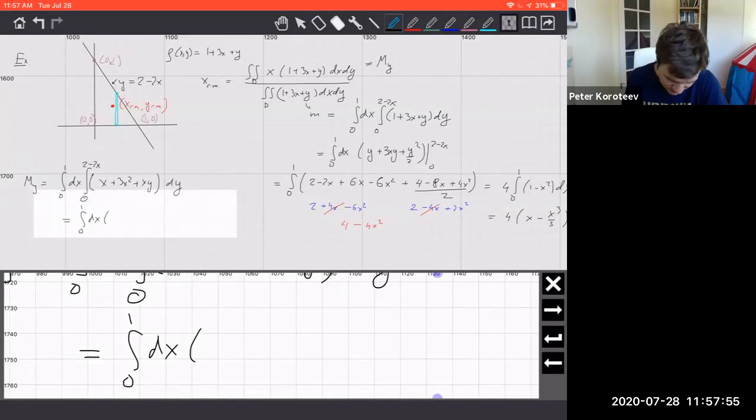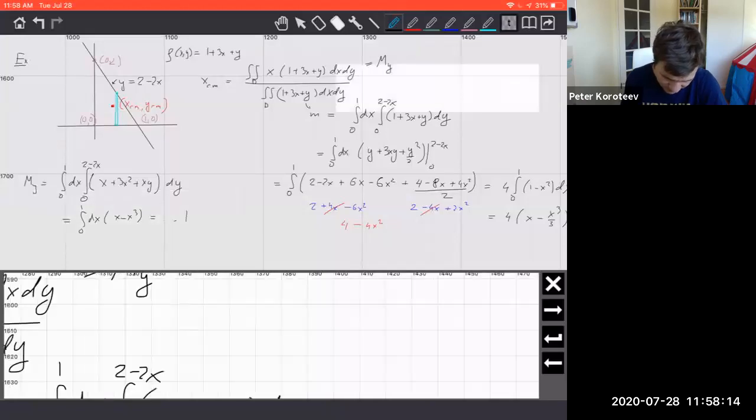There's some calculation that you can do as an exercise. After integration, it will be equal to x minus x cubed, so this integral will be equal to 1.